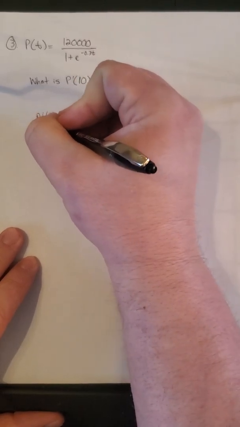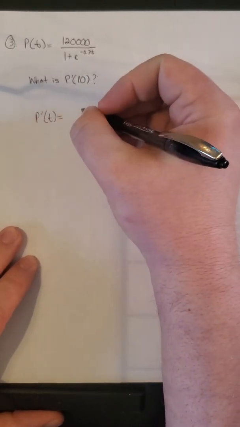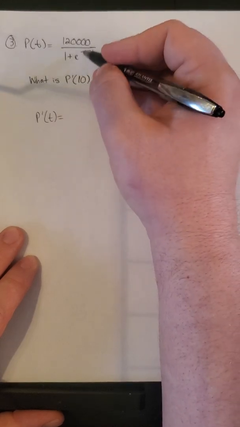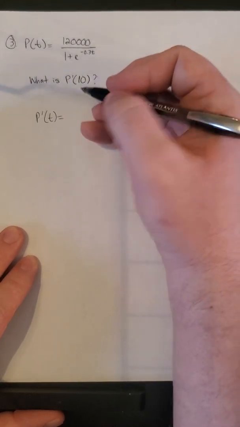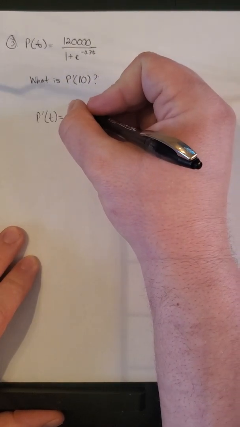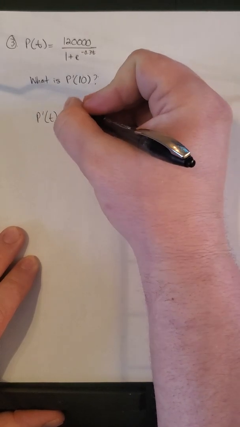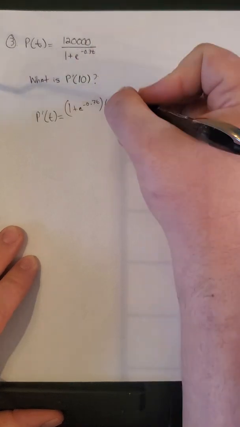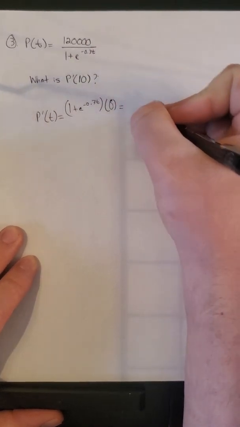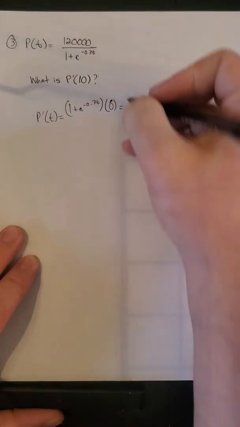So P prime of t is going to equal, we will have to use the quotient rule. So we'll say bottom times the derivative of the top. The derivative of the top is 0. Yay, that makes life easier there.